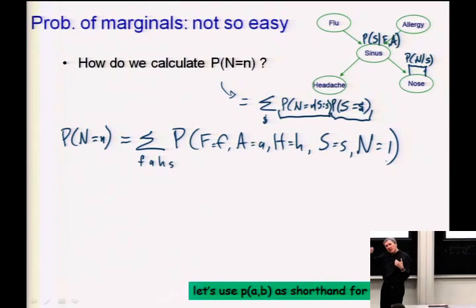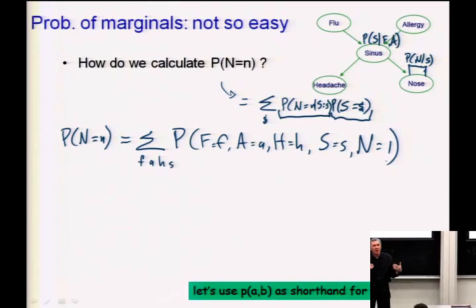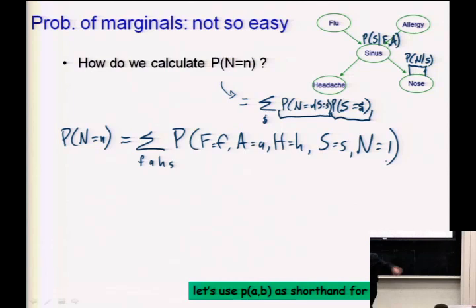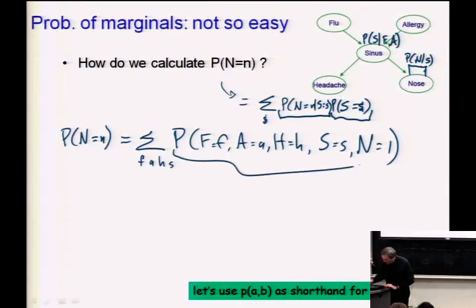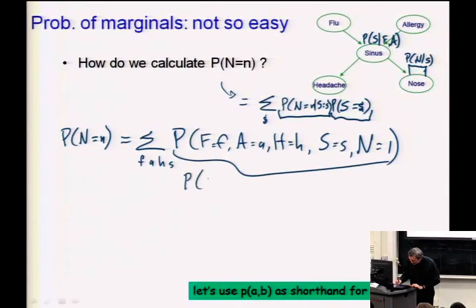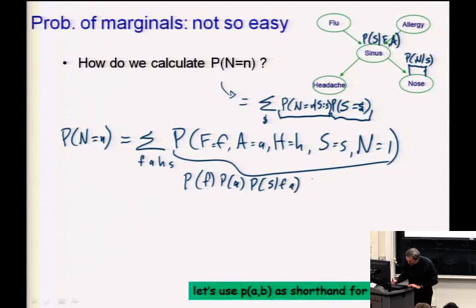So one way to do this is we could now reduce this into our factored distribution, P of F, P of A, the one we just wrote down, right? P of S given F and A, etc. And then P of n equals 1 given S. Right?